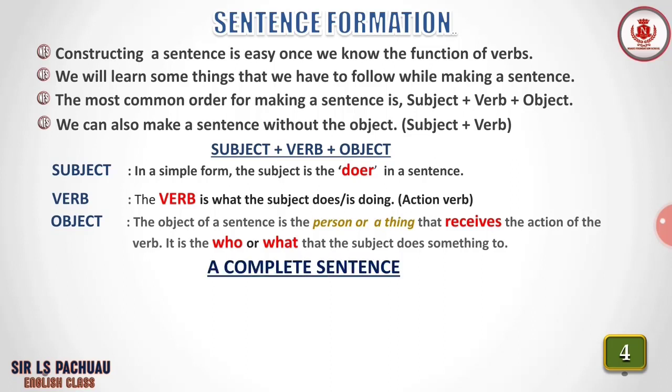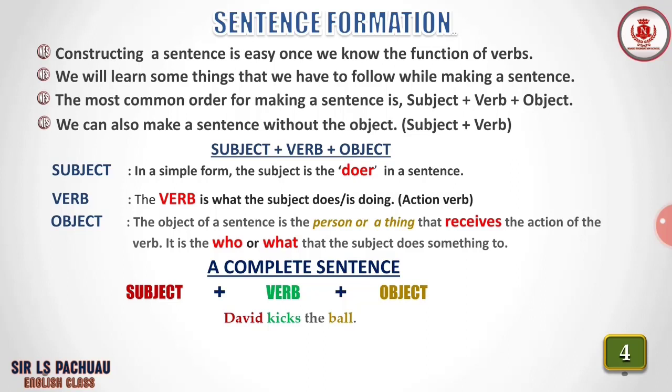So here, a complete sentence. Let's see. Subject plus verb plus what? Object. Okay. Here, David kicks the ball. Here, you can see it according to the color. Alright, subject is in the red and verb is in the green and ball is in the brown.